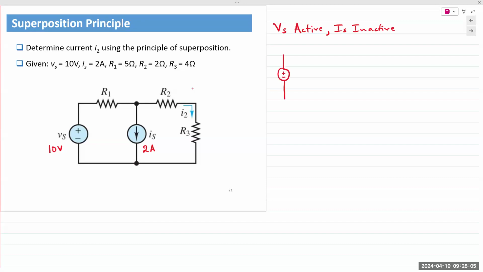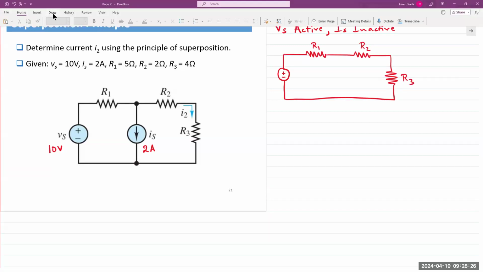Vs is active, that stays as it is. We have R1, R2, and R3. And then we have current I2 flowing through there.